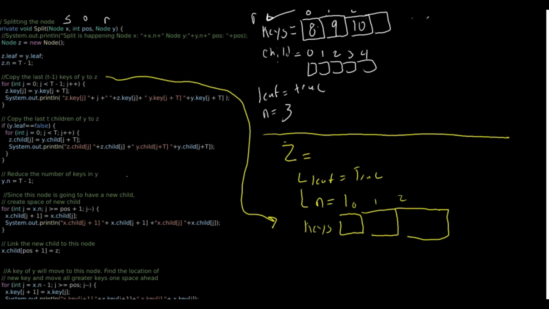So here, here, here. So you have 0, 1, 2, and then you have this one here, 3. So we're going to move this one. This one would be 10.